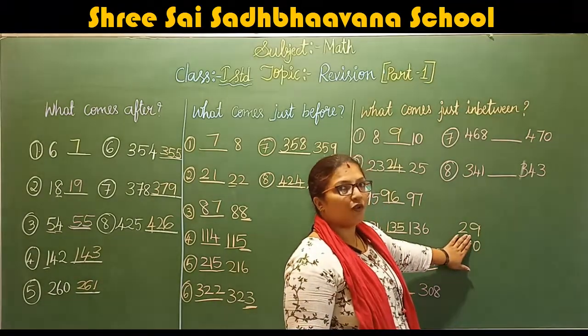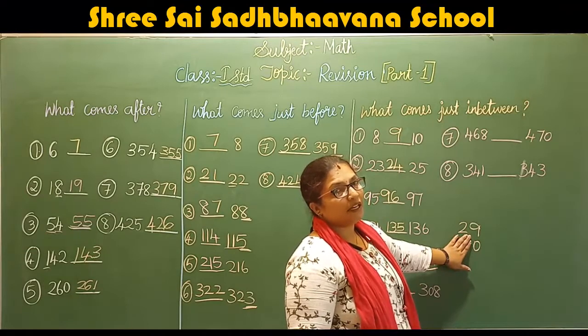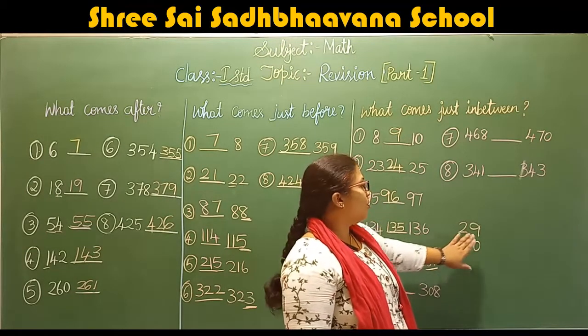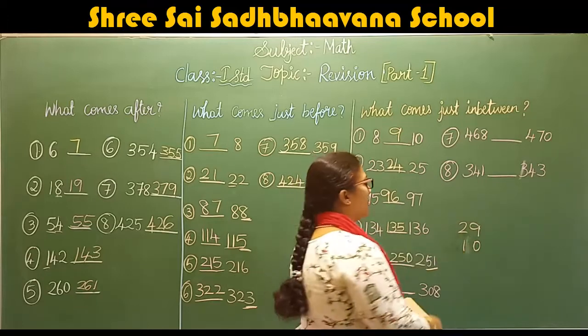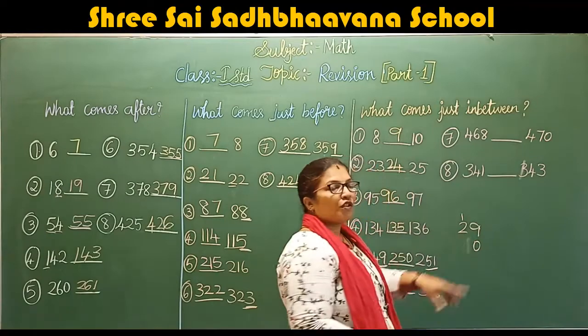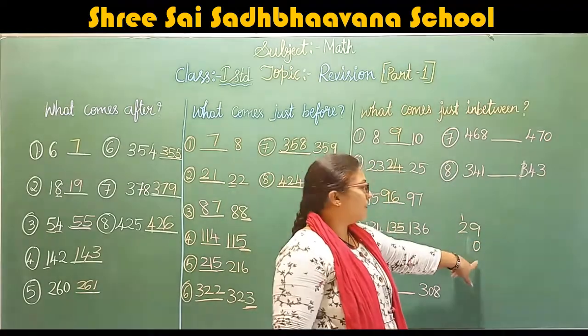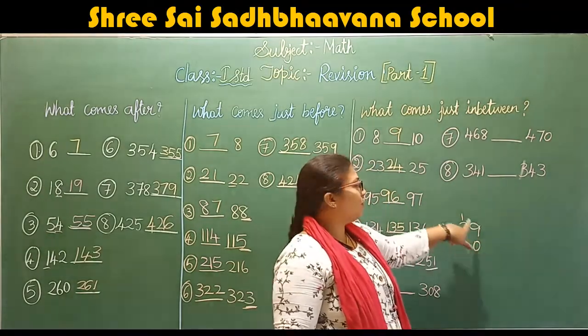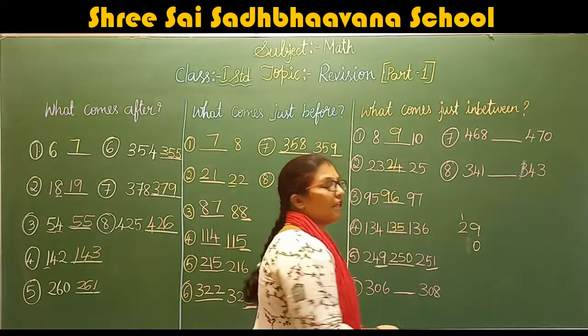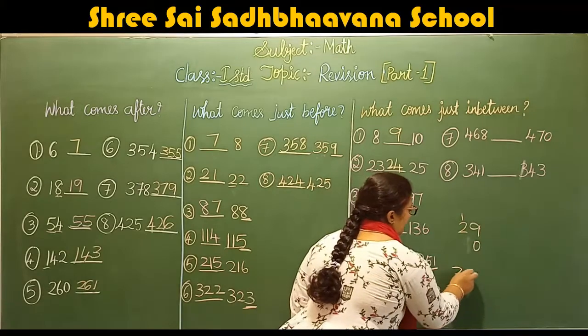So it is 0, right children? What it becomes? 0. So this carry on where it will go? It will go on this. So it is 29. So here 10 it is. So this carry on will be here. So it becomes 30.